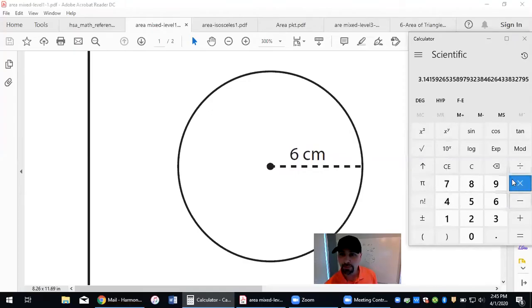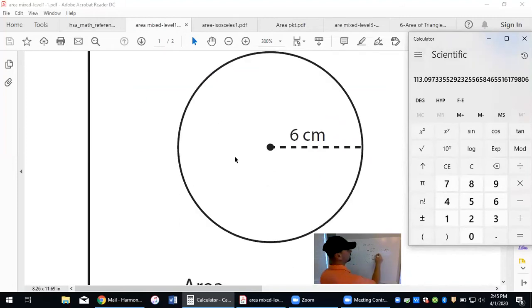There's pi. Start fresh. Pi times 6 squared equals 113.097. I didn't look at what the directions told us to do. It just says find the area of each figure, okay? So let's round that to 113.1. And again, that's with me using the pi button.